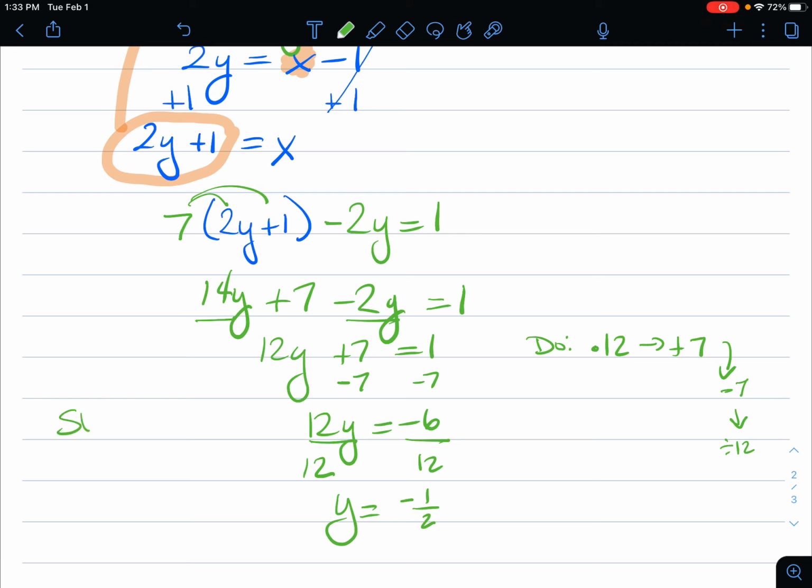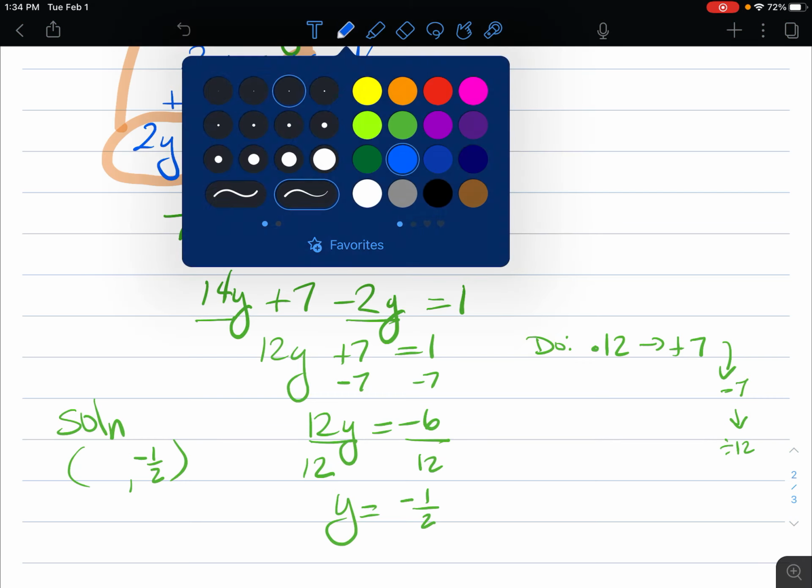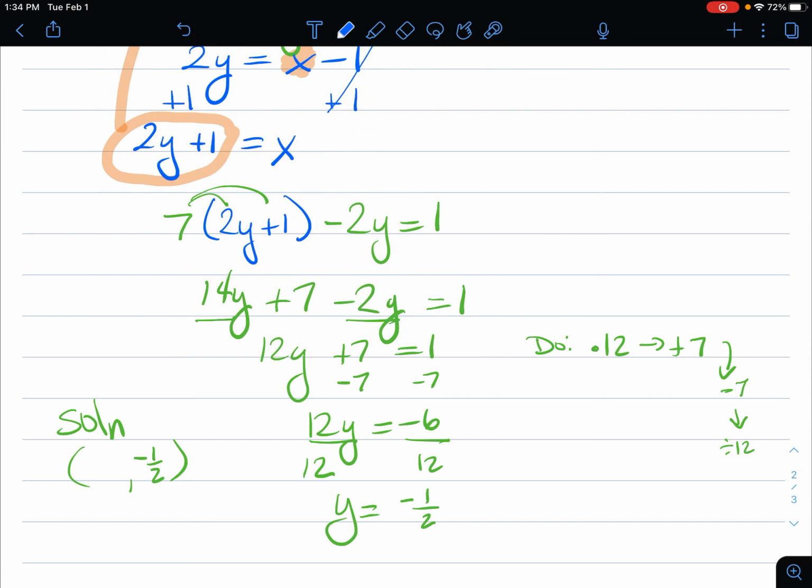So for my solution, it's going to be something comma negative 1/2. I don't know the x coordinate yet. Now again, I want to do this in the most efficient way if I can. And I would say let's plug it in at this point, because look, the x is already alone.